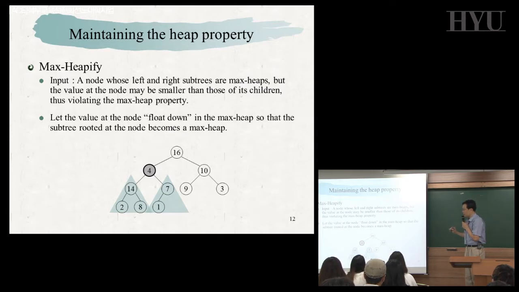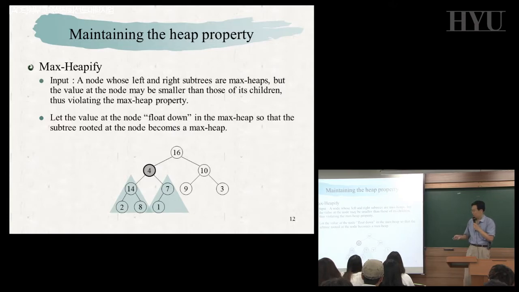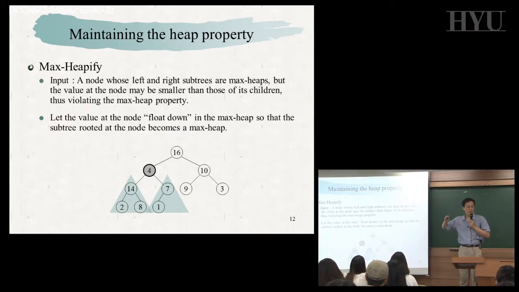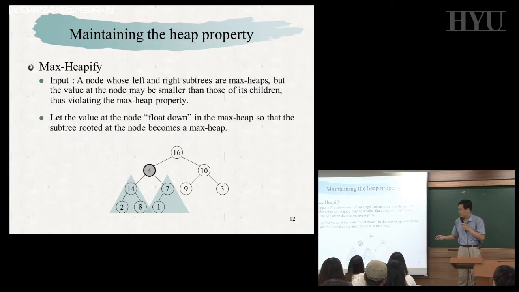Its right subtree and left subtree should be max heaps. So there is no violation with the key stored in the subtrees. 14 is bigger than 2, and 14 is bigger than 8. And 7 is bigger than 1.